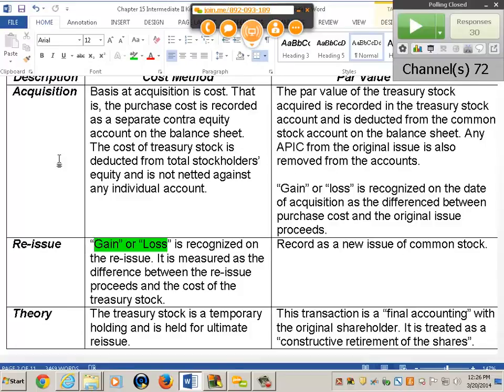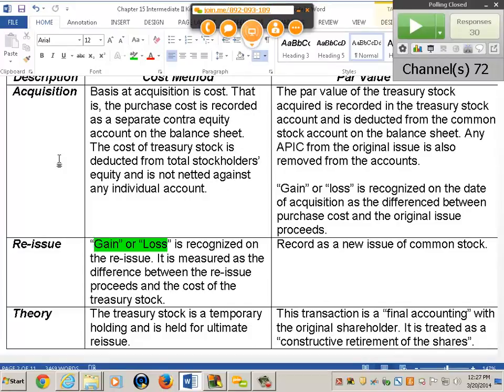At that point, that gain or loss is recorded, not when you reissue, but when you buy it. If you buy the stock back for more than the original shareholder gave you, it's a loss. If you buy the stock back at an amount that is less than the original shareholder gave you, it is a gain.